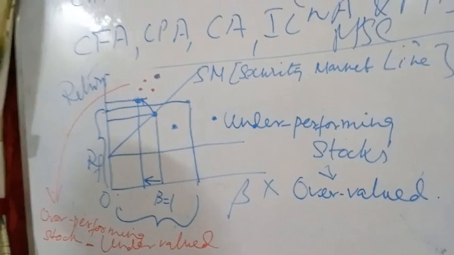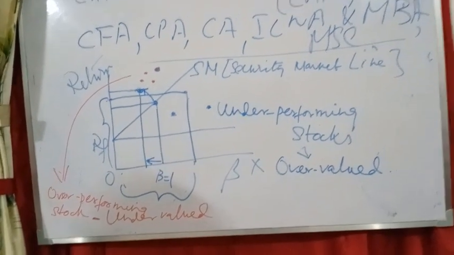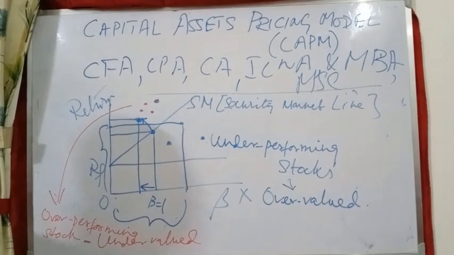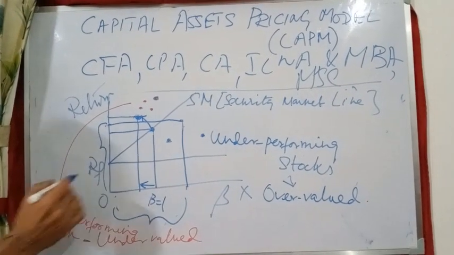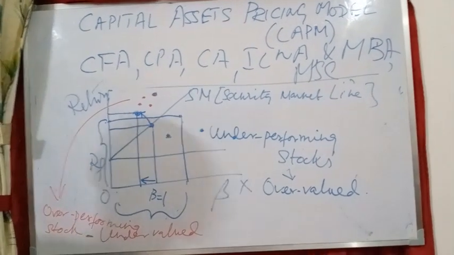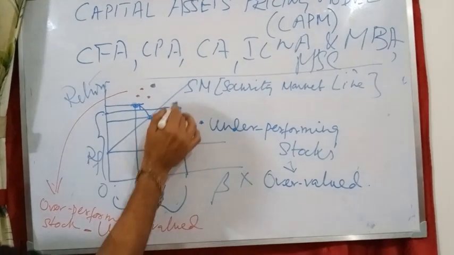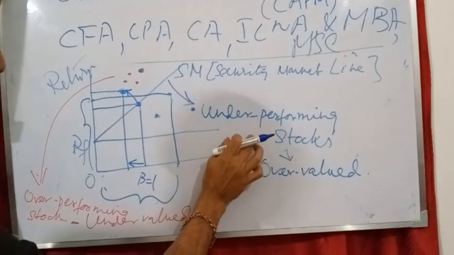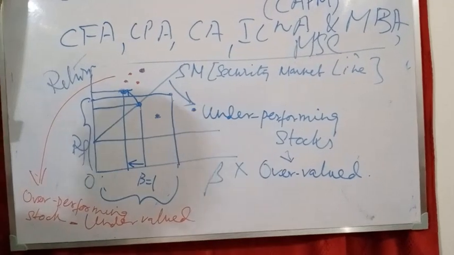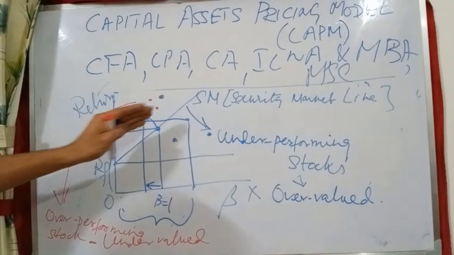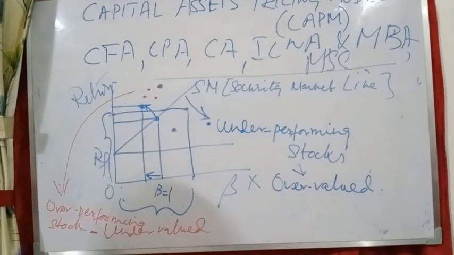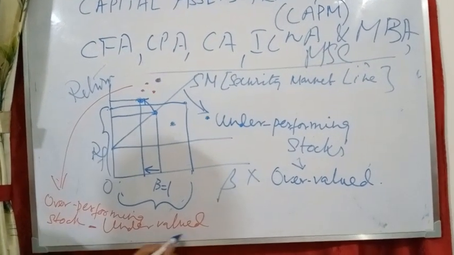That is, expected return equals risk-free return plus beta into market premium. And this is the security market line, SML. Stocks lying on the right side of the SML are underperforming stocks, which can be called overvalued stocks, and stocks lying above the SML are overperforming stocks or undervalued stocks.